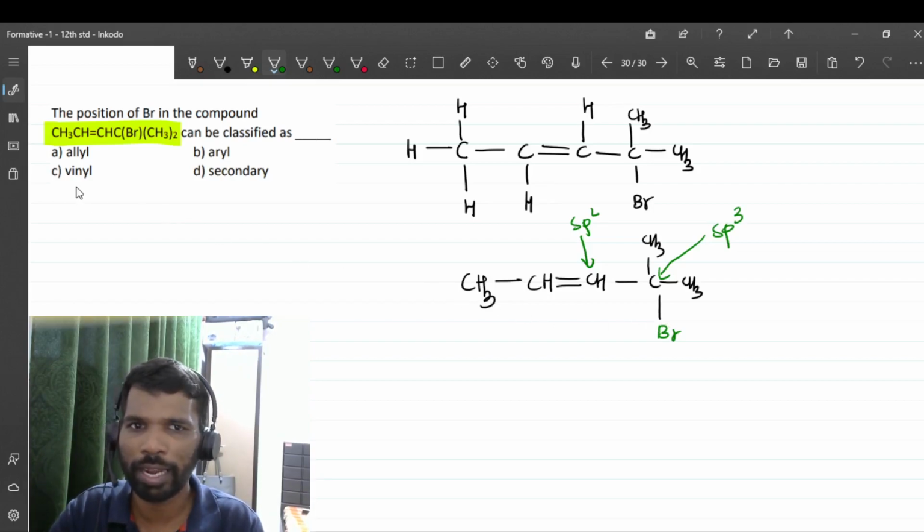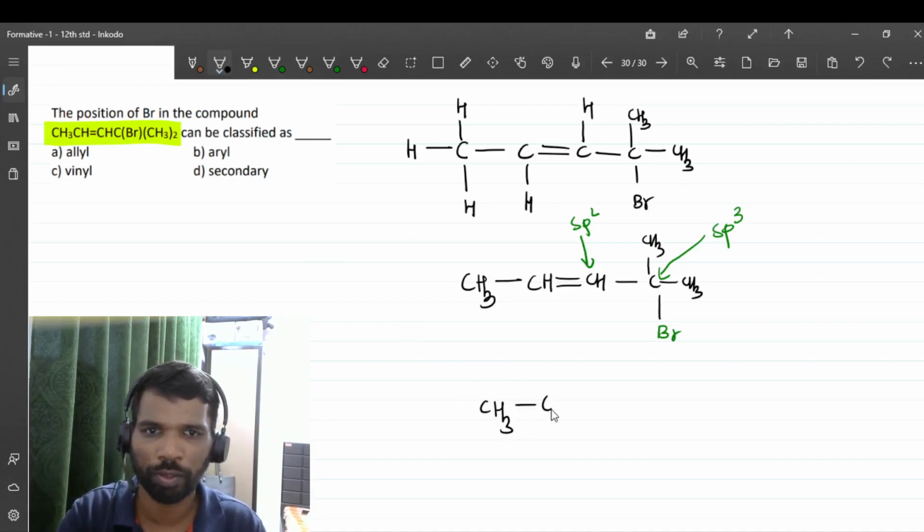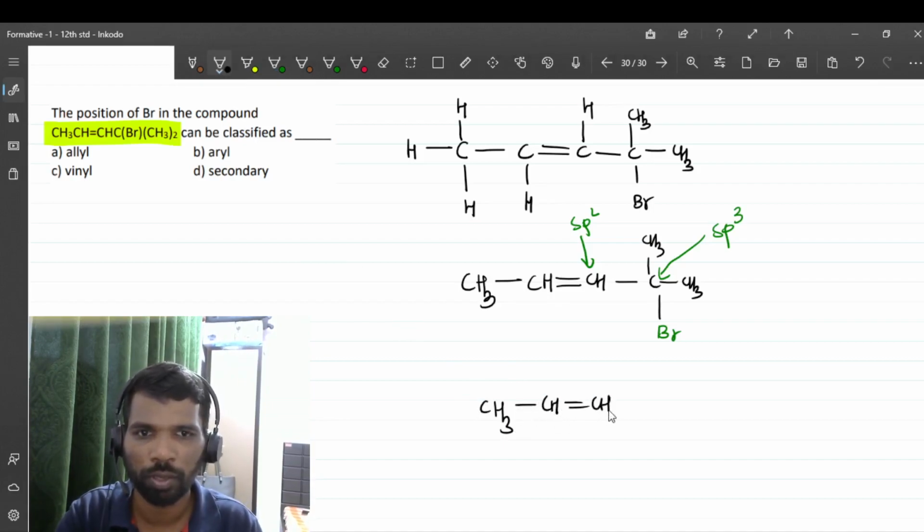And vinylic halide means Br will be directly connected to a double bond. If it was this way, Br is directly connected to carbon. This is vinylic. This is allylic.